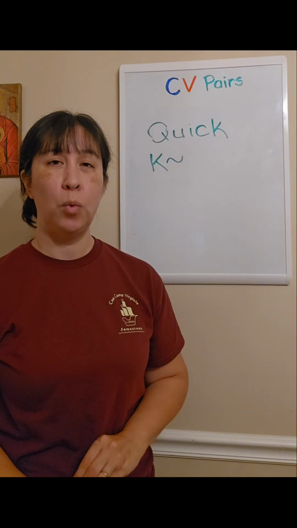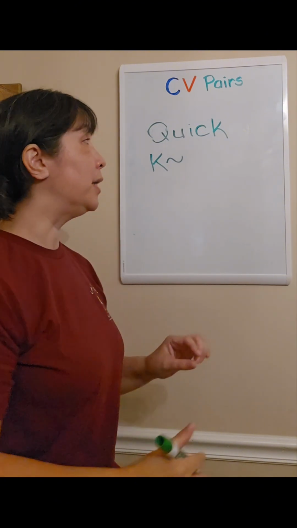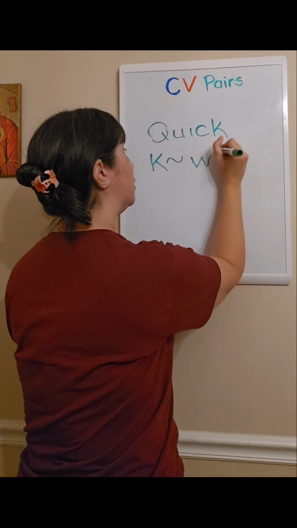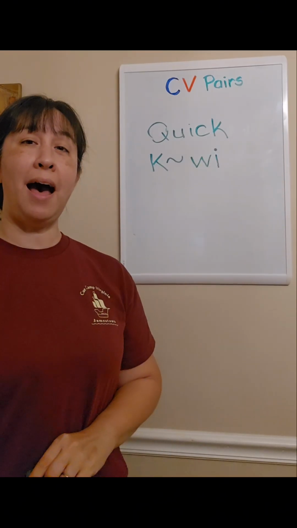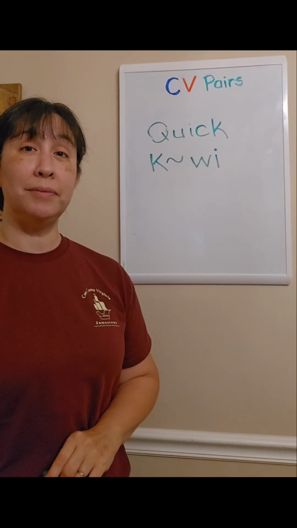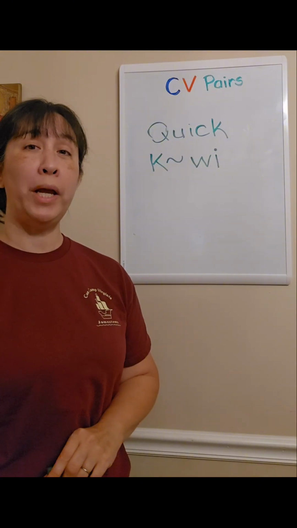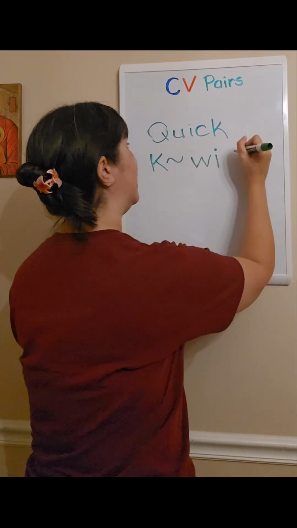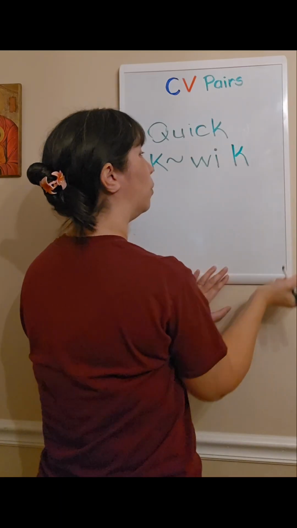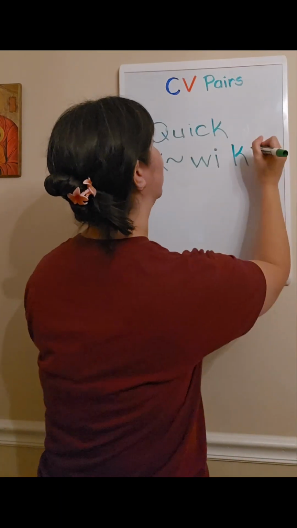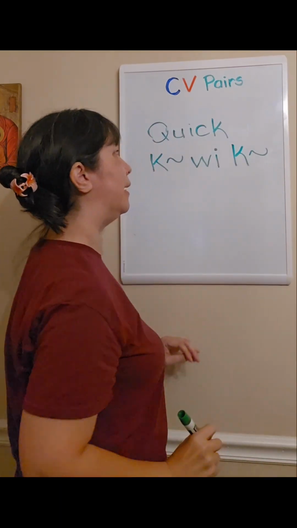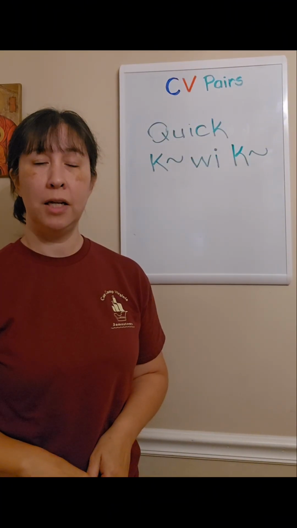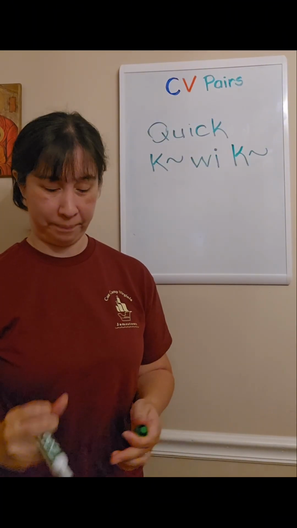I hear W. And that is followed by an I, a short I sound. Followed by another K, but no vowel. So I'm going to put the not sign there. So I have k, wi, k.